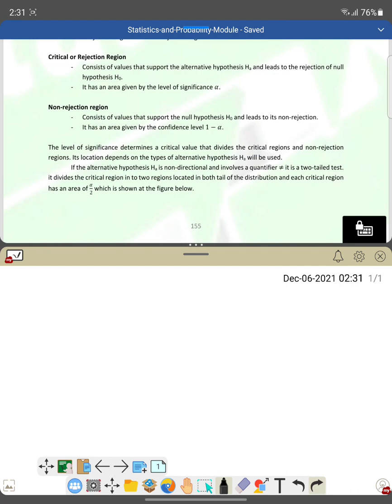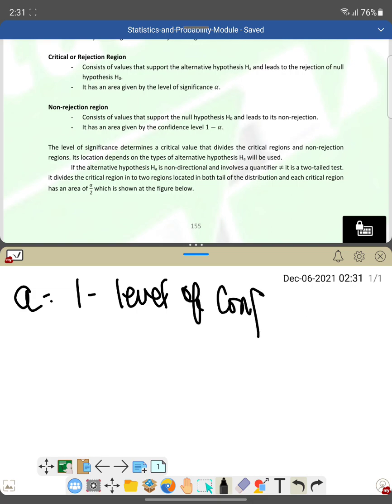Remember, for your normal distribution, your z value and the level of confidence that we have already discussed. So 1 minus alpha is the level of confidence, and alpha is given by 1 minus the level of confidence, which in this part serves as your level of significance.